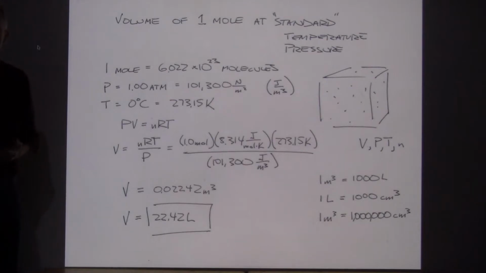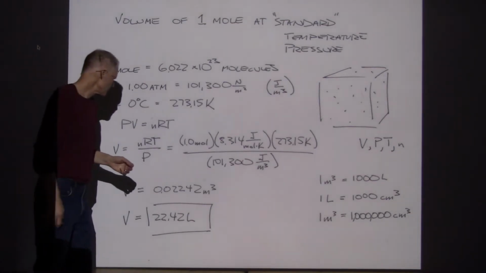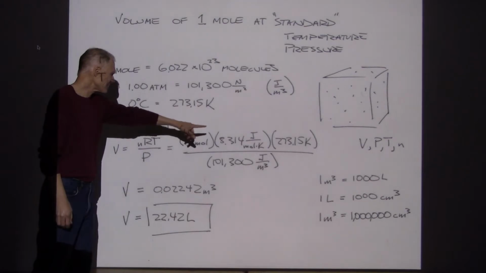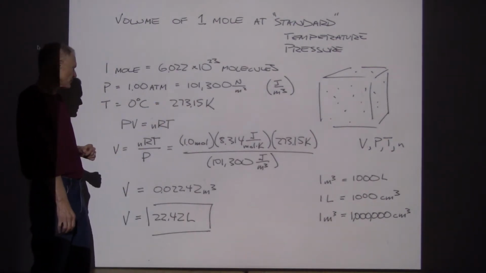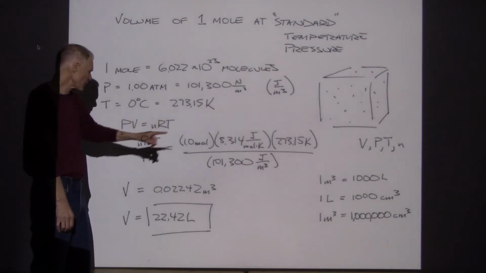So that is the predicted volume of 1 mole of an ideal gas, a gas that's behaving ideally, and we'll see what that means. And it's at 0 Celsius, or 273.15 kelvins, and at 1 atmosphere pressure.